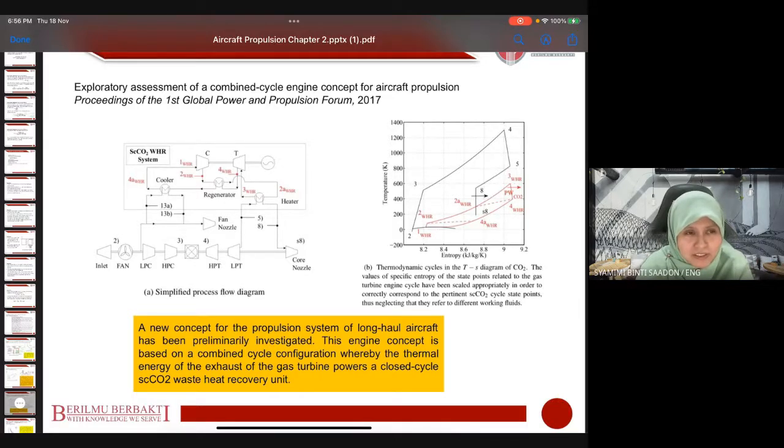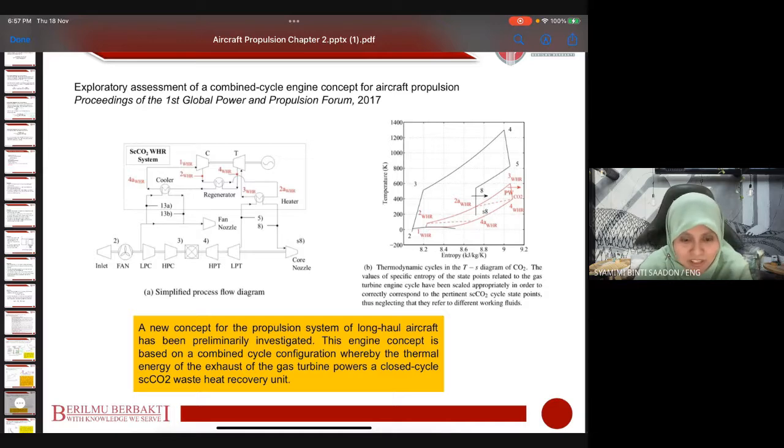Supercritical means that the pressure, especially the pressure in the turbine, is higher than the critical maximum pressure of the carbon dioxide fluid. So it is above the critical point. The idea is the same as ORC just now.